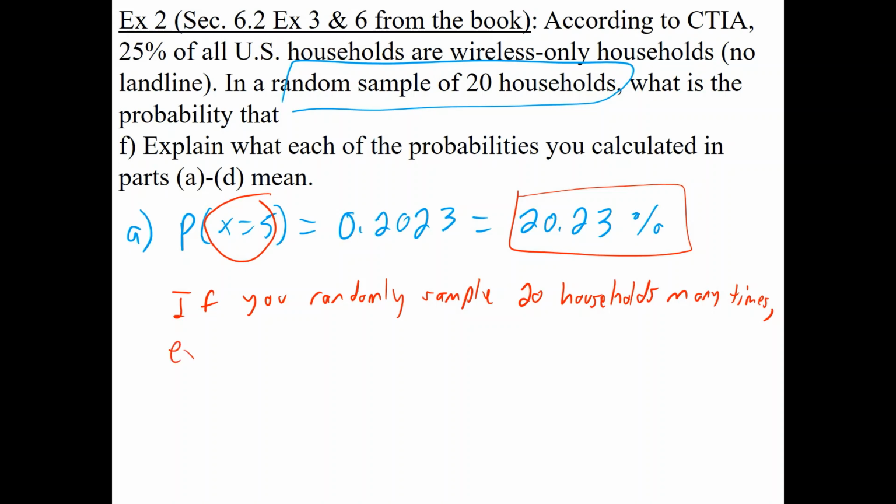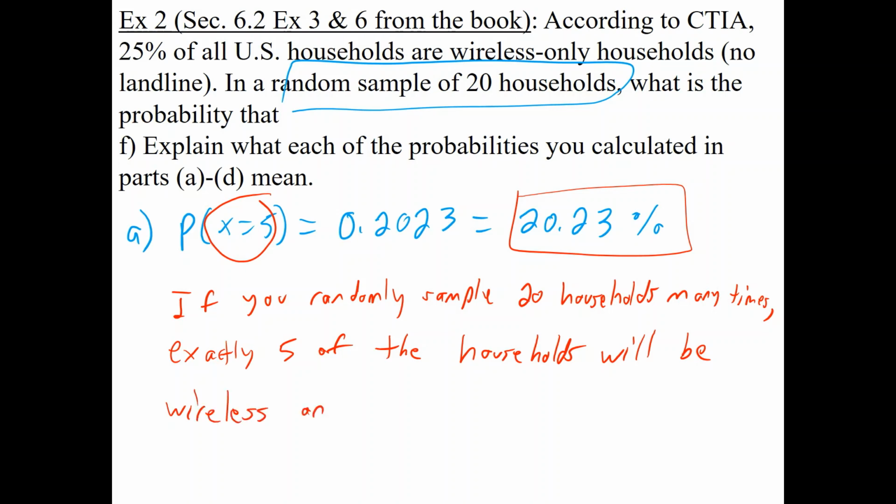Exactly 5 of the households will be wireless only. About 20.23% of the time. Okay, so that's how you explain the one we got for part A.